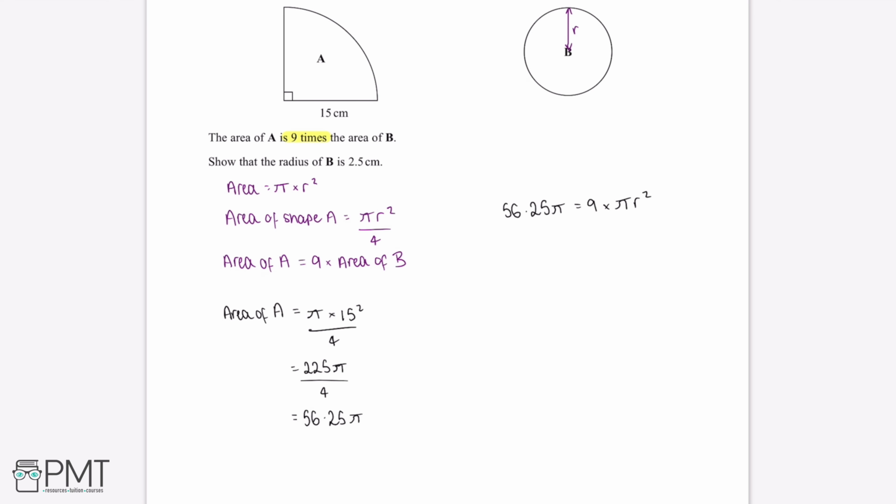Now the first thing that we can see when looking at this equation is we have a pi term on both sides.